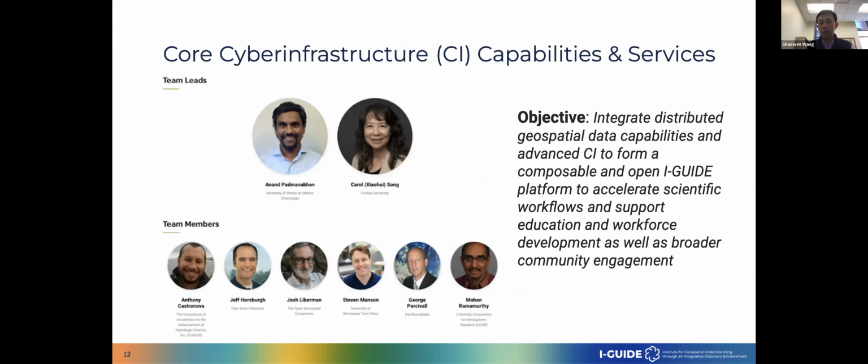That's what this team is focused on in terms of integrating distributed geospatial data capabilities and advanced cyber infrastructure to form a composable and open iGuide platform to accelerate scientific workflows and support education workforce development. And that's the part of today we're focusing on. Eric will get us into more details. And of course, as well as broader community engagement that requires advanced cyber infrastructure as well.